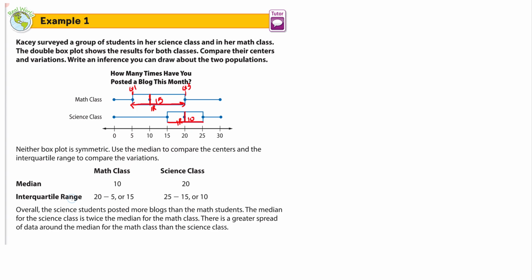The fact that the math class is 15 compared to the science class at 10 means the data is more spread out in the math class. Even though the overall ranges are the same, the middle 50% of the data for the math class is more spread out because it has a higher interquartile range. So I didn't have to do hardly any calculations there at all. This was just mental arithmetic, really.